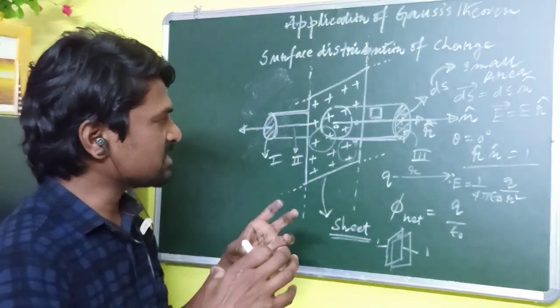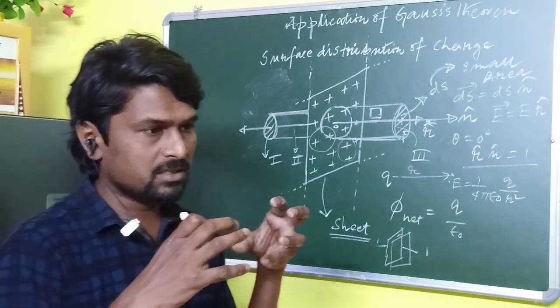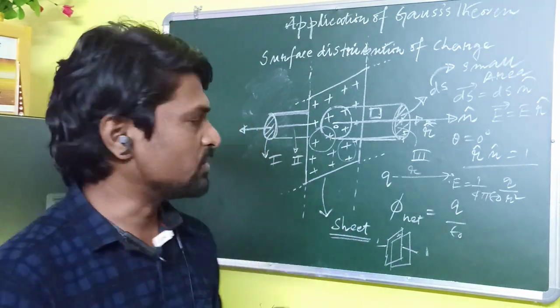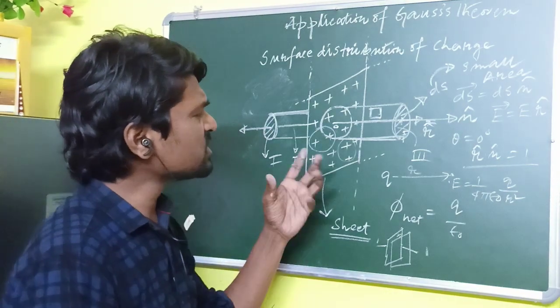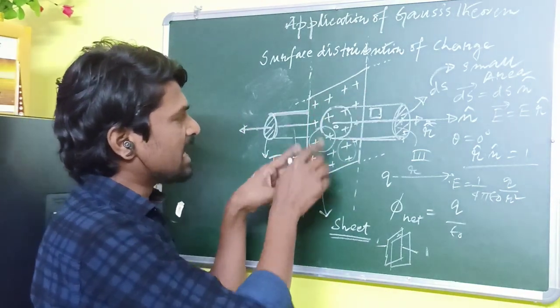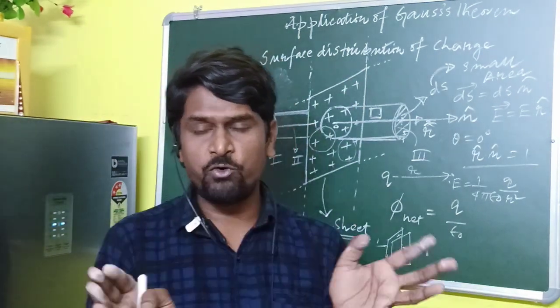This is a Gaussian surface that covers that particular charge, and if the charge is not enclosed, then we cannot apply Gauss's theorem. So for applications of Gauss's theorem, first of all, this is a sheet and all the charges are distributed uniformly.